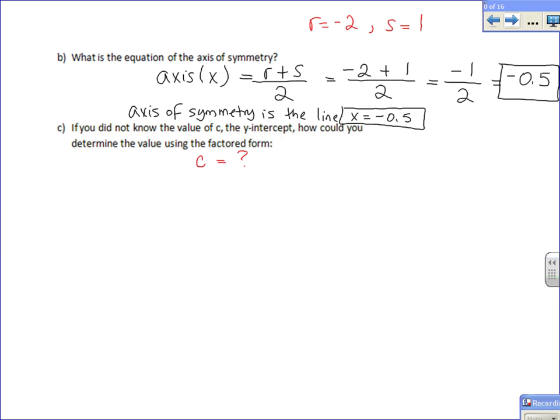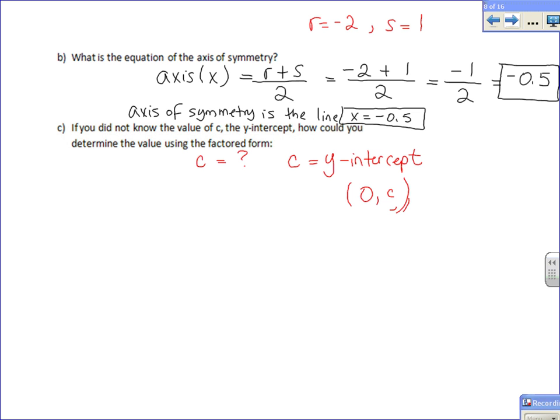But if I didn't know, I could use the factored form to figure out what my y-intercept is. Remember that C is simply the y-intercept. This is the point on the parabola that crosses the y-axis. So at some point, 0 for x, y, or C, some value for C.